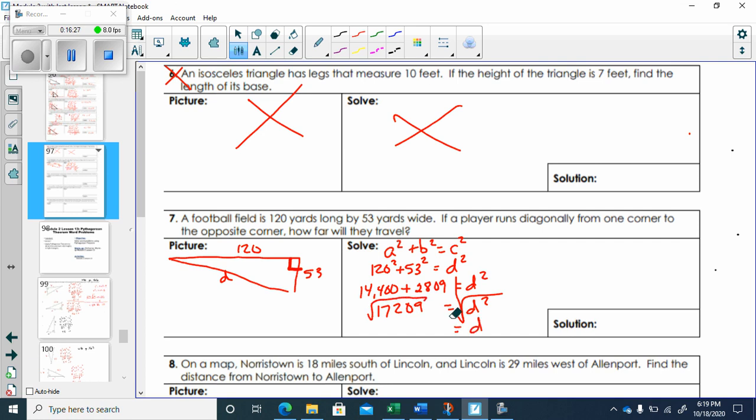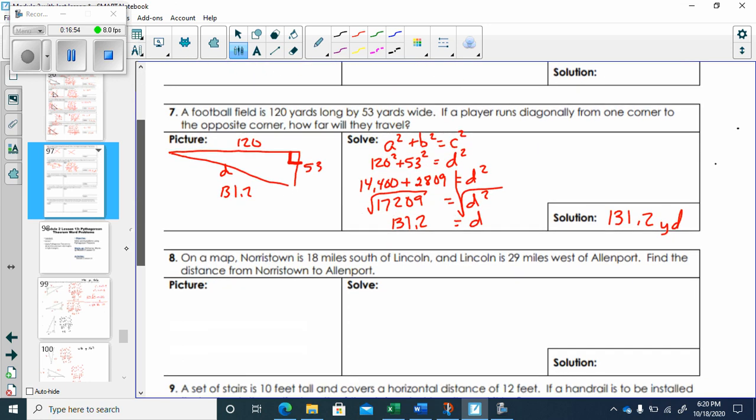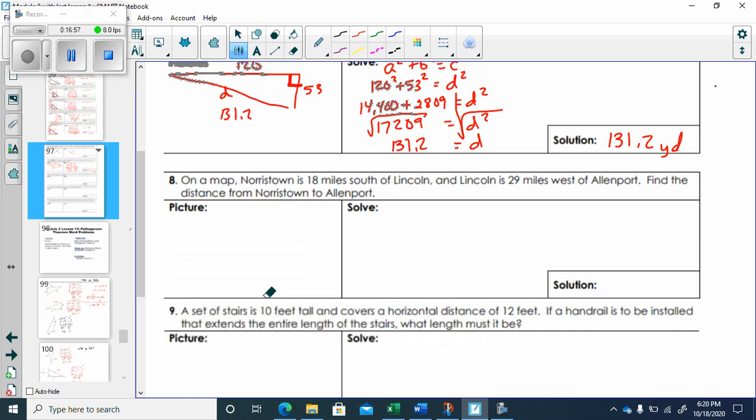D is equal to 131.2, and what would that be? Yards. Now let's see if that makes sense. This side's 120, this is 53, this has got to be the longest side across from the right angle, so that does make sense.